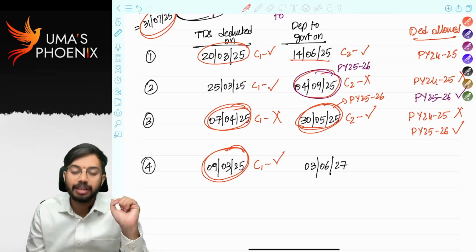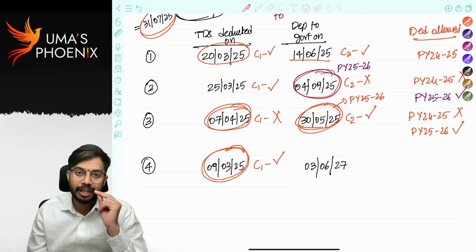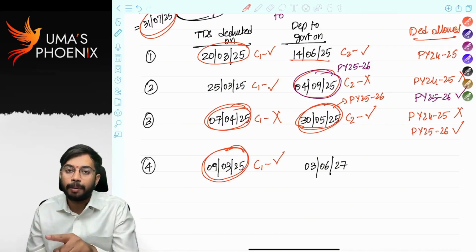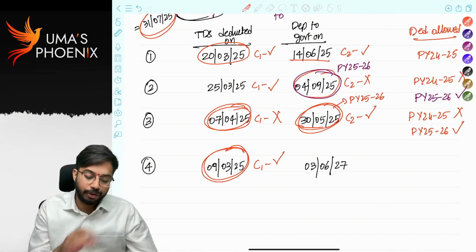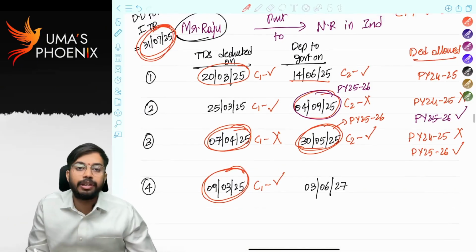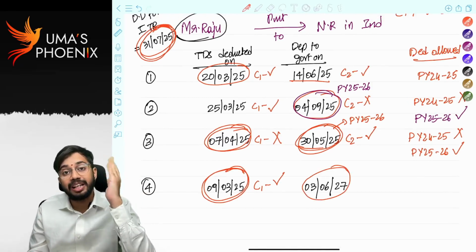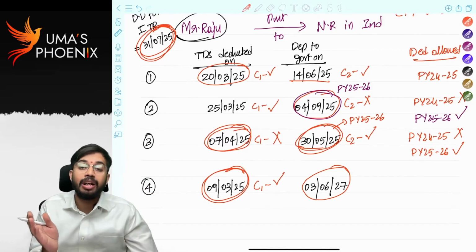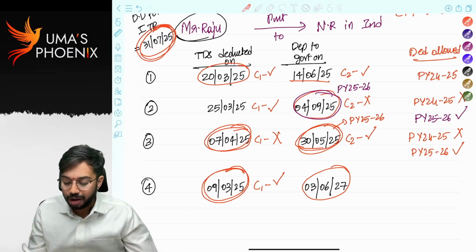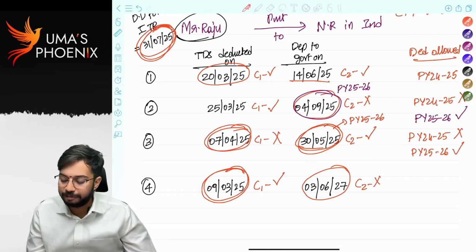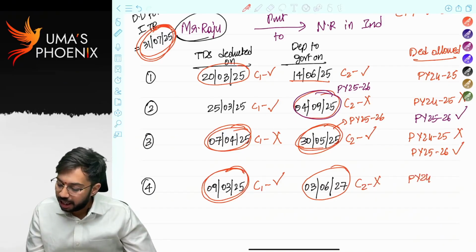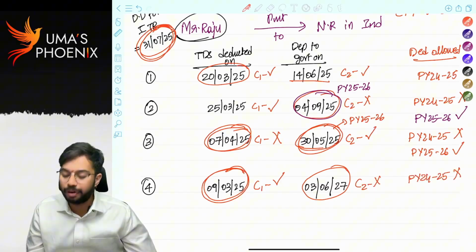So condition 1 satisfied. Second condition, deducted TDS is to be deposited to government before ITR due date. What is the ITR due date? 31st July 25. But when was it deposited? 3rd June 27. Is it deposited before 31st July 25? No. Condition 2 not satisfied. If both the conditions are not satisfied, deduction is not allowed in 24-25.